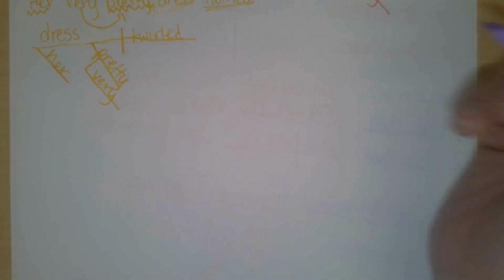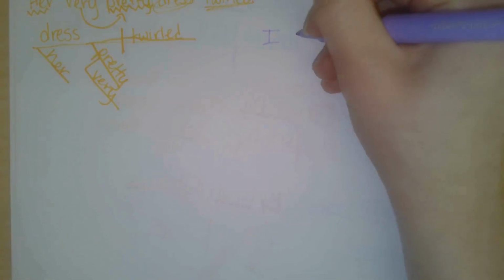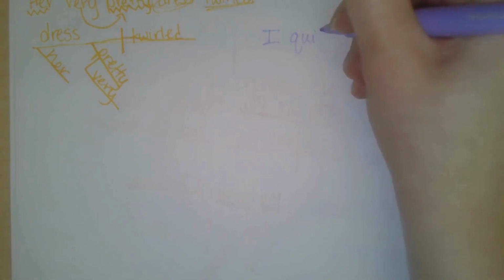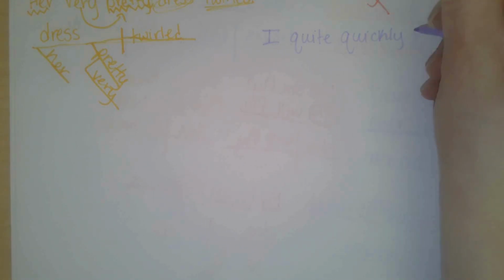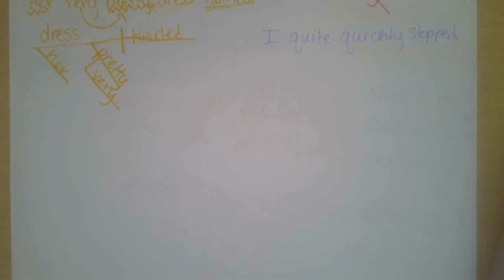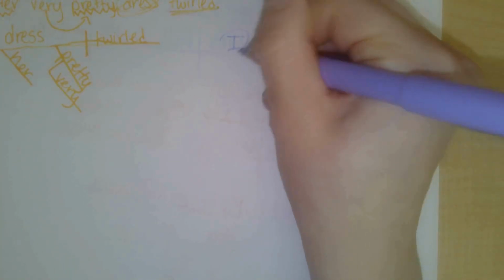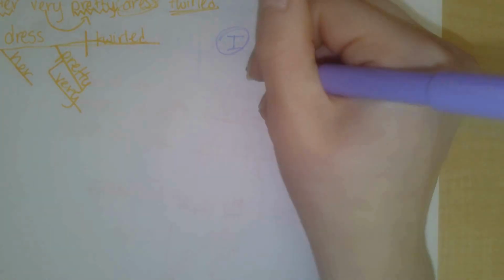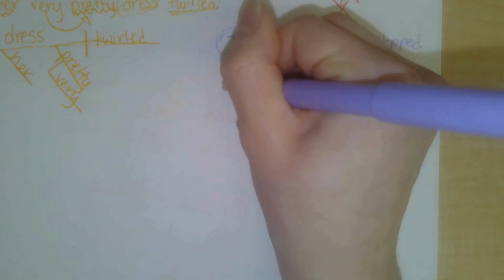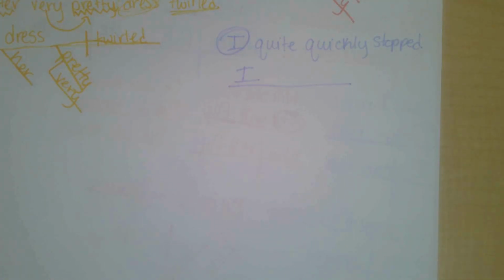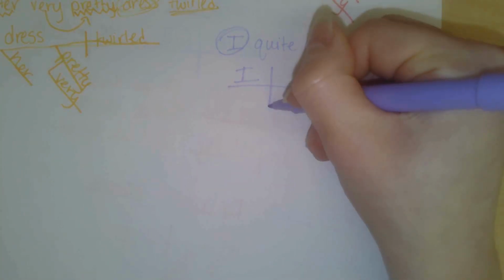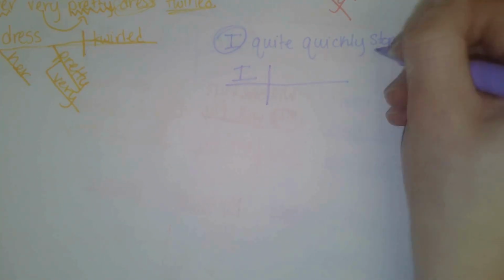In the example for this one, I quite quickly stopped. I am the subject. I'm the one that's doing something. So we put I right there. We don't have any adjectives, so we're going to draw a vertical line. What did I do?